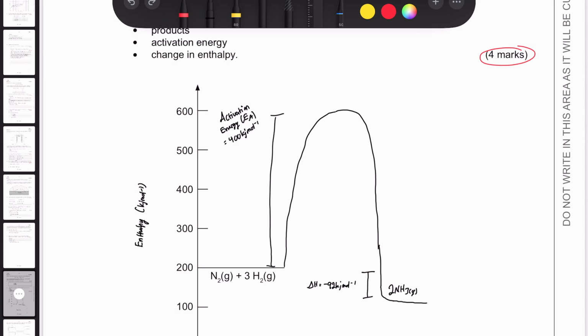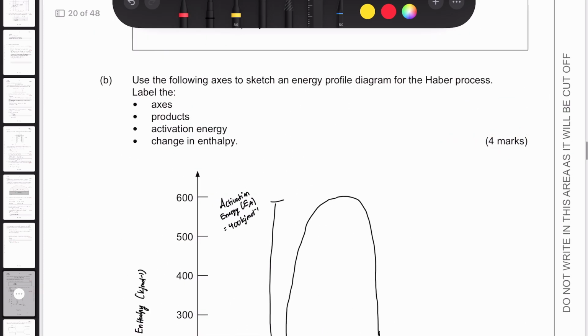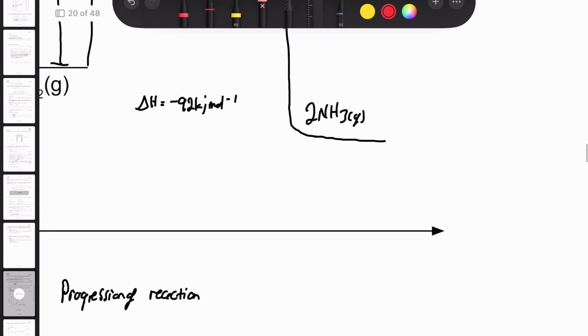Do I knock a mark off? Well, I didn't do it, so I guess, yeah, knock a mark off. Alright. Well, I guess I lost an extra mark. Oh, that was so silly.